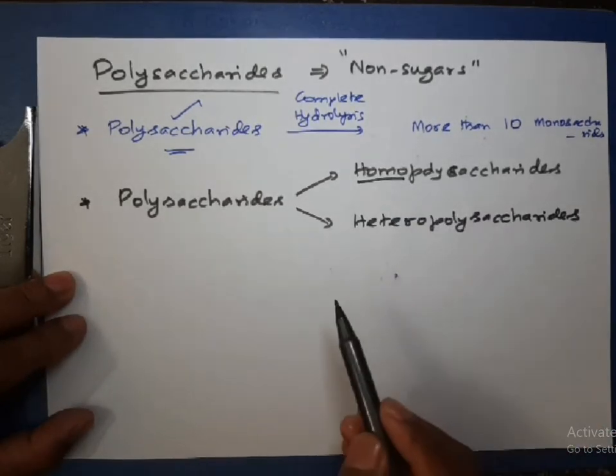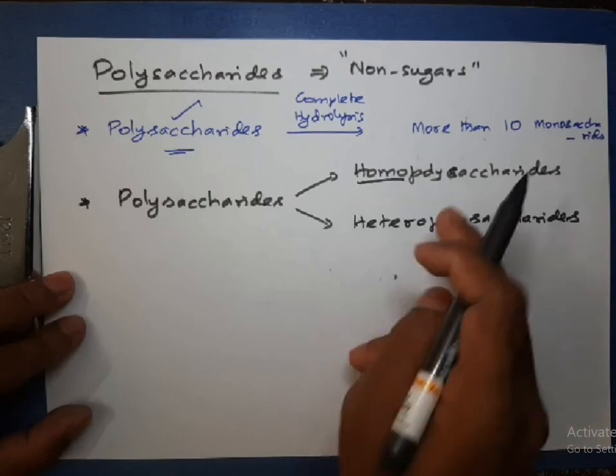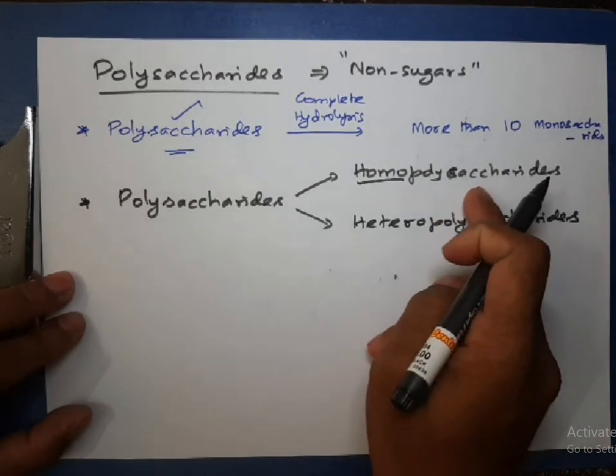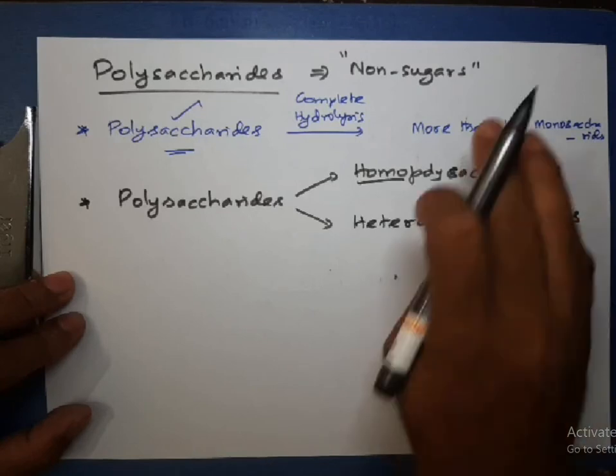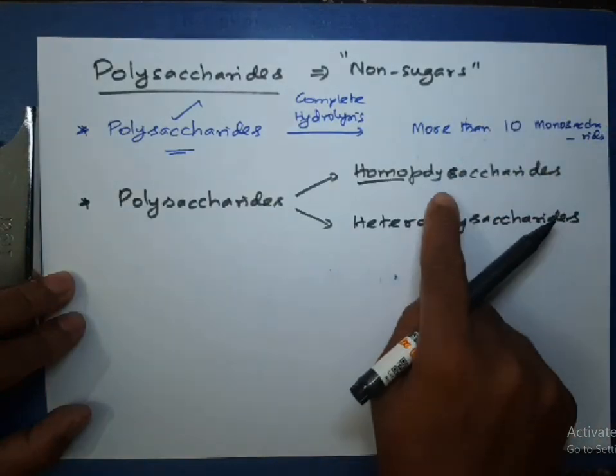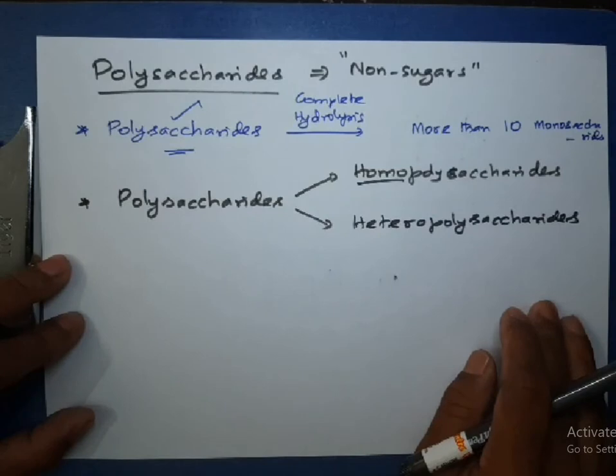Homo means very simple. You take a polysaccharide, carry out complete hydrolysis and analyze the monosaccharides. Students, observe carefully.